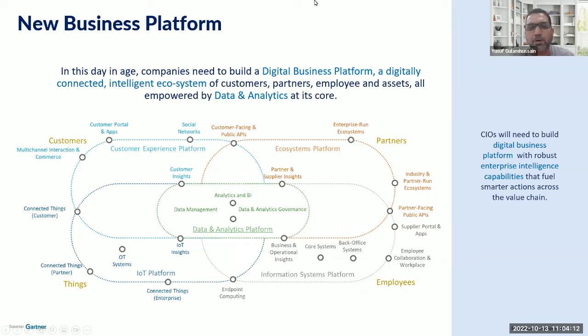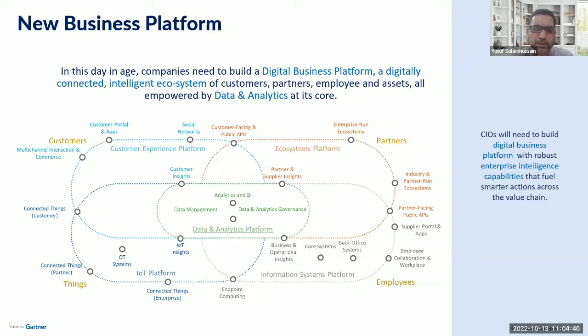What I mean by a modern business platform is a digitally connected, intelligent ecosystem of your customers, your partners, your own workforce, and more importantly, specifically within the manufacturing sector, all your assets, be it your IoT devices, be it your robotic manufacturing lines that are generating a ton of data.